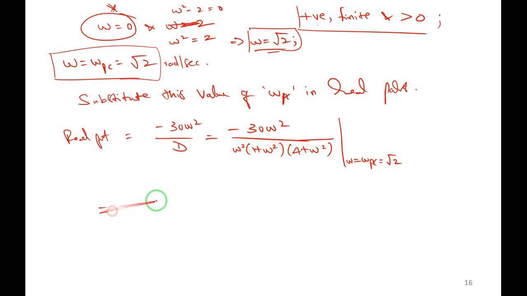So we substitute minus 30 into omega square. Omega is root 2, and omega square is 2. I am substituting, that's all.